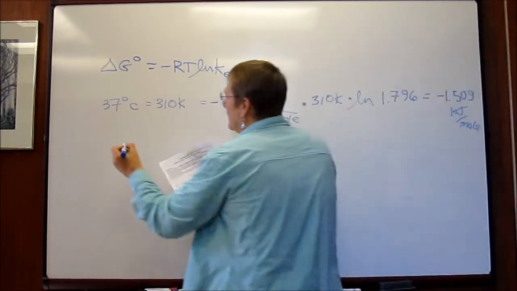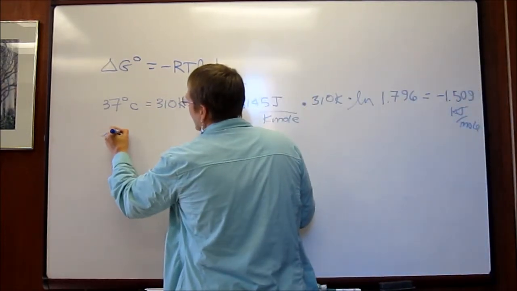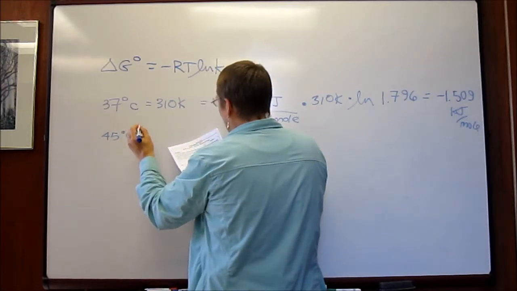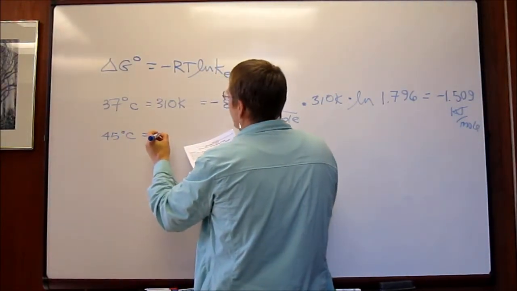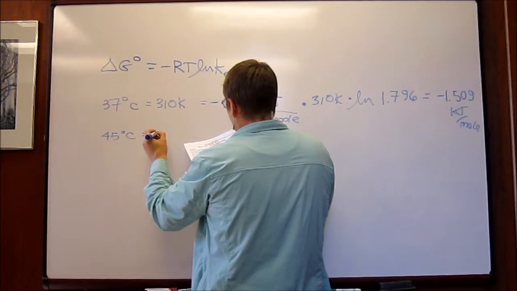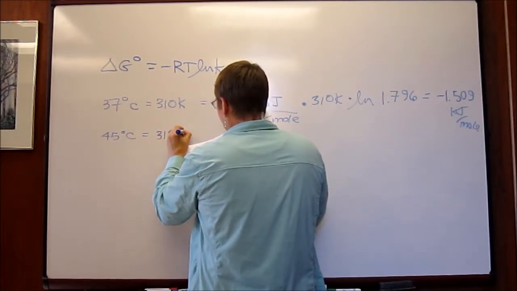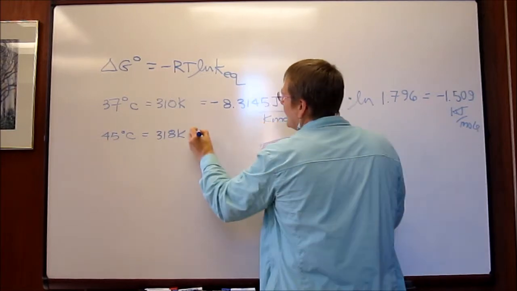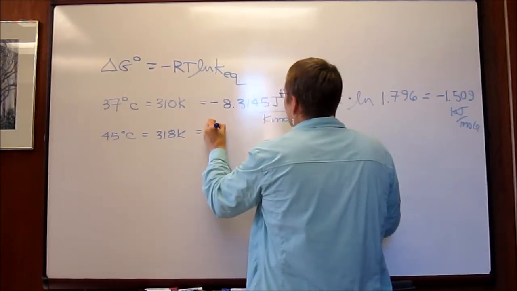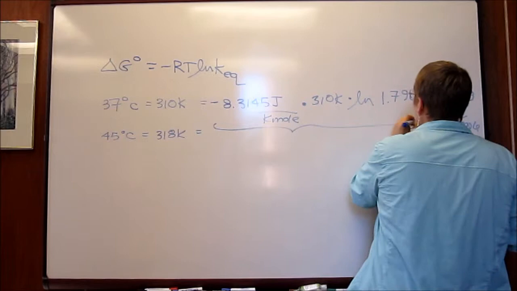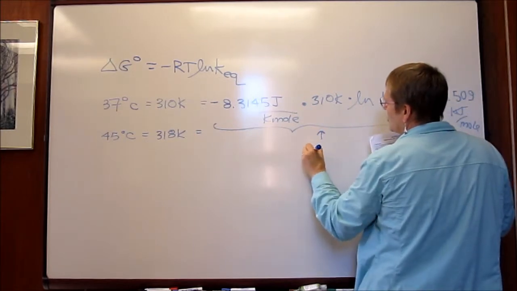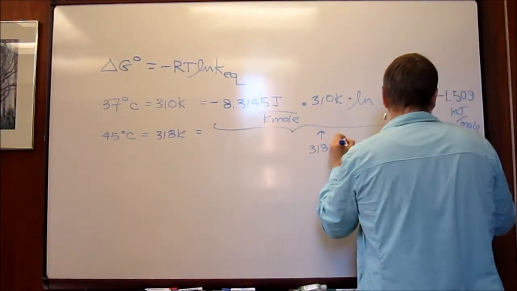We do the same thing at 45 degrees. And that is equal to 45 plus 273 is equal to 318 Kelvin. So this is going to be the same bit of math, except we're going to put the right temperature in here, and we're going to put the right KEQ.